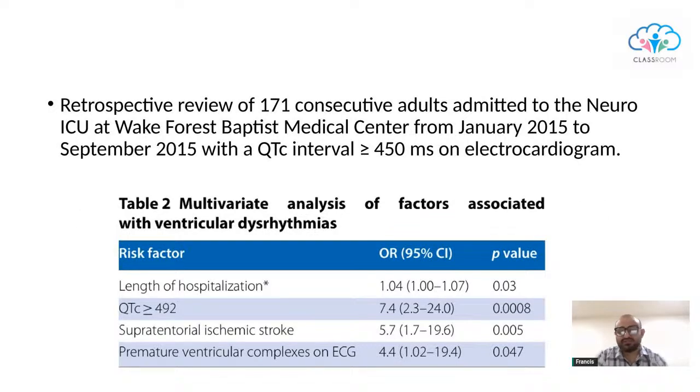This is a small study which studied only 171 patients at Wake Forest Baptist Medical Center. And they found that the risk factors for developing ventricular dysrhythmias include long hospitalization stays, more than 10 days, a QT of more than 592 milliseconds, supratentorial ischemic strokes, and multiple VPCs on the ECG.